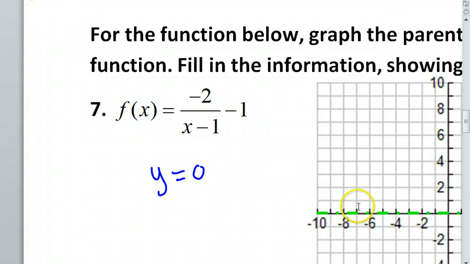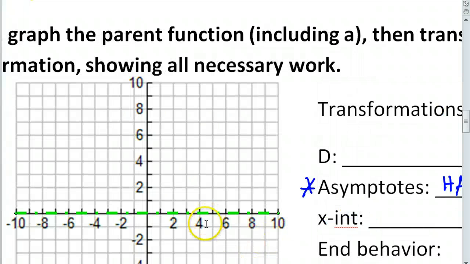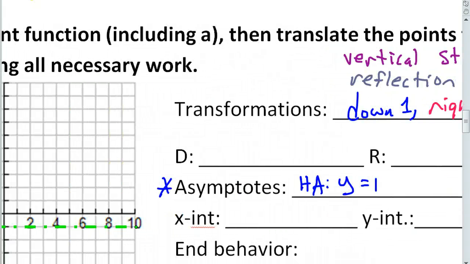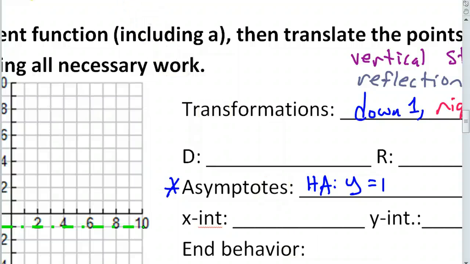So that's going to affect the horizontal asymptote and take it from 0 down to -1. All right? So that's the other way to think about it. But either way, you have a horizontal asymptote. Did I say 1 before? Yes. I didn't mean to say that. Either way, the horizontal asymptote will be y equals -1.